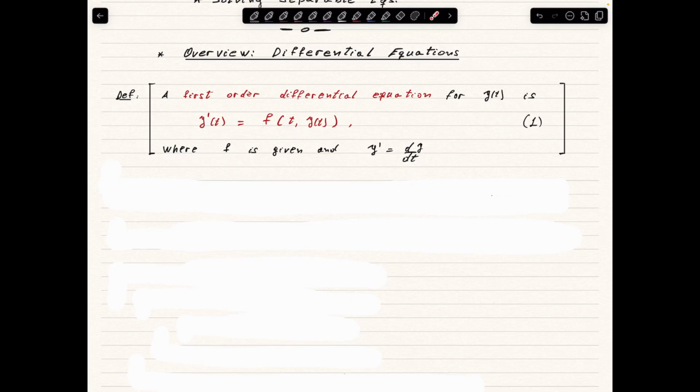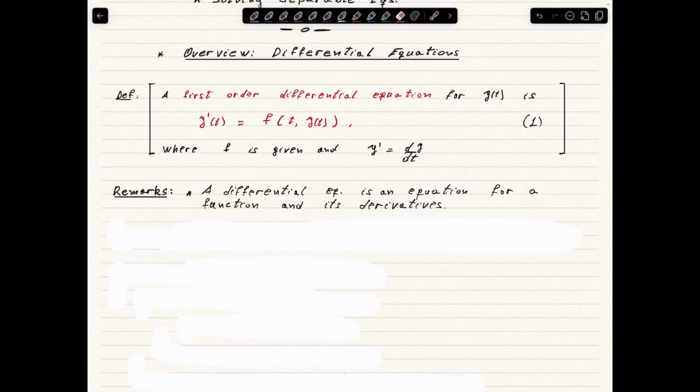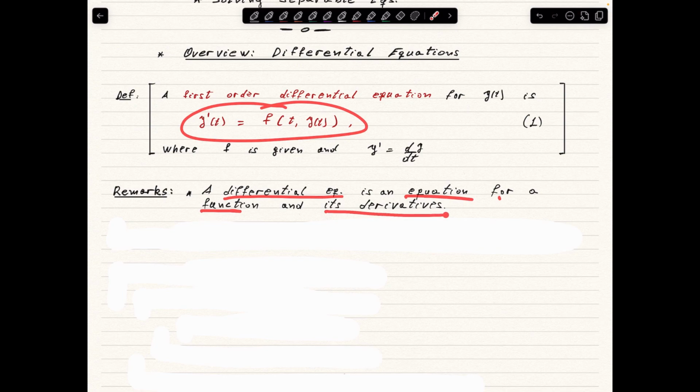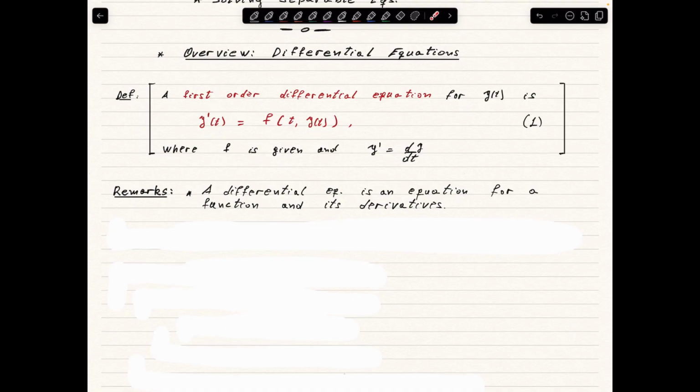So in other words, a differential equation is an equation for a function and for its derivative. It's an equation for y and for the derivative of y. When the equation can be written in many different ways, when the equation is written in this way, we are going to call that equation the normal form of the differential equation.